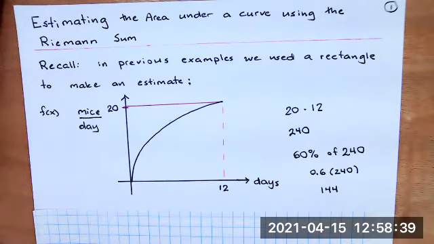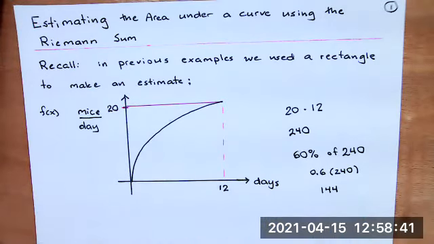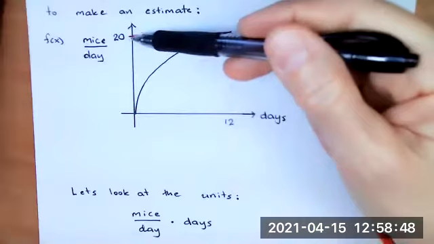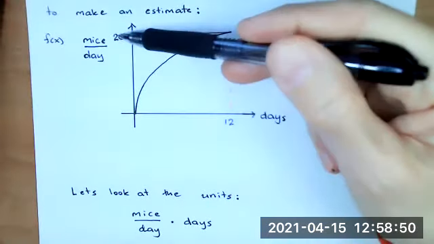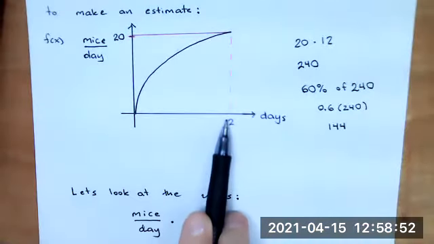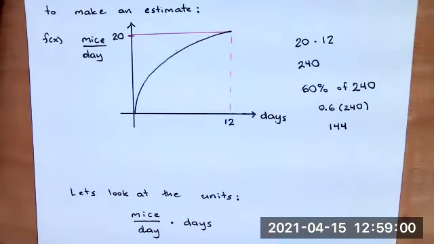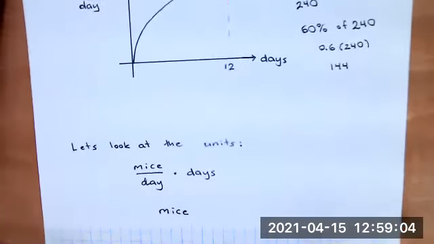Let's talk about the units of this answer. The height is mice per day. The width is the number of days. So we've multiplied mice per day times the number of days. The days will cancel, and we end up with mice.